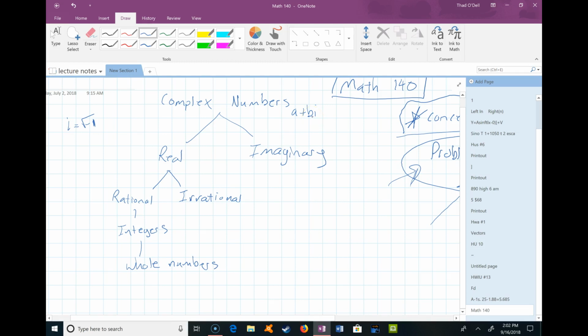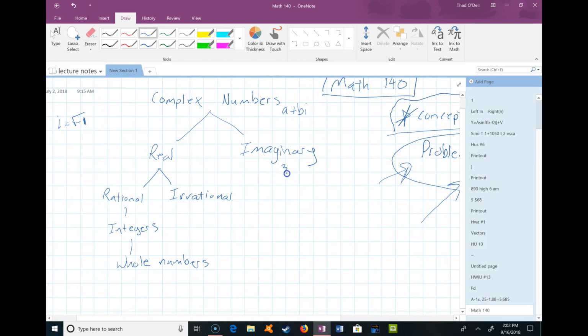So if you have a complex number where b is 0, then you have a real number. Another way to think of it is real numbers do not involve the i, imaginary numbers do. So an imaginary number could be like 3i, or 2 plus 5i, or 1/2 minus 2/3 i. Okay, real numbers are the numbers that you know.